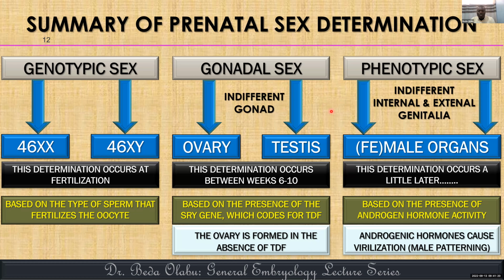It could also be caused by excess androgens in an XX embryo. For example, if the fetal adrenal cortex of this female embryo is hypertrophic, so that's a context of pathology, it's producing a lot of androgens.